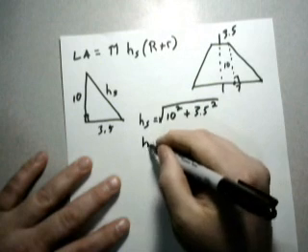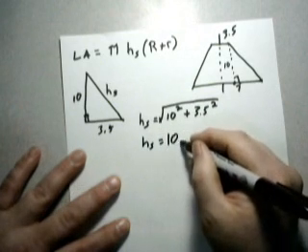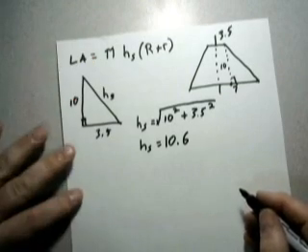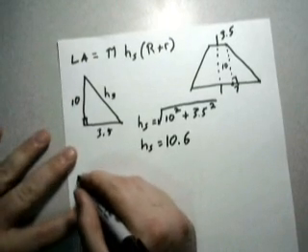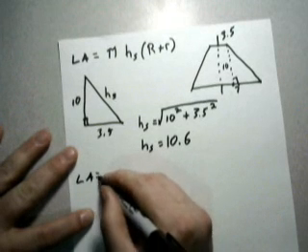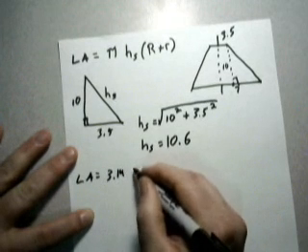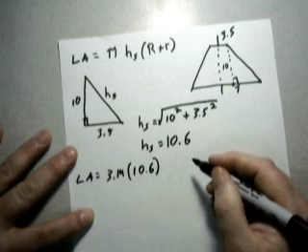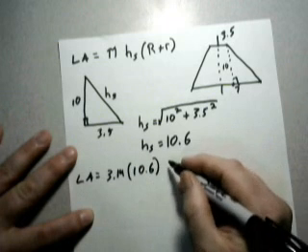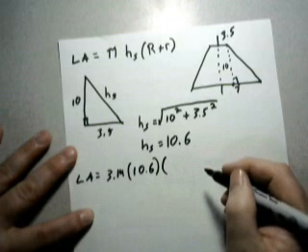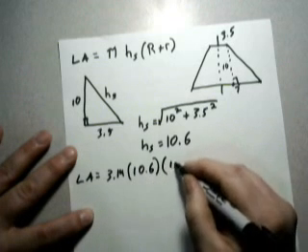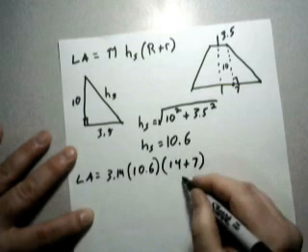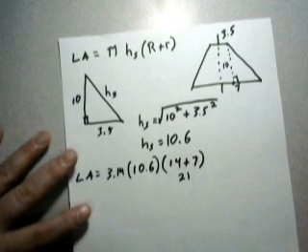So the slant height is equal to 10.6. Now I can put it in up here. The lateral area is going to be equal to 3.14 times 10.6 times 14 plus 7. 14 plus 7 is 21, so I just put that in right now.